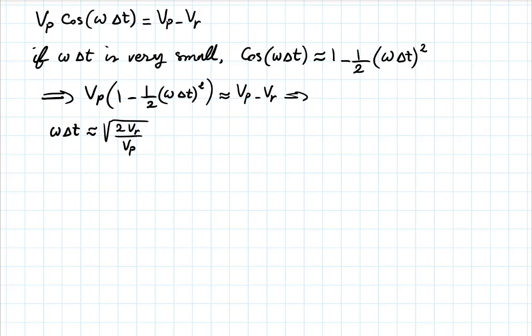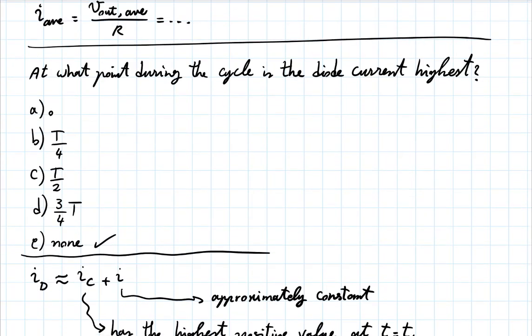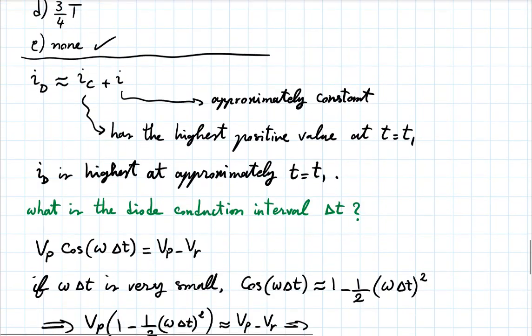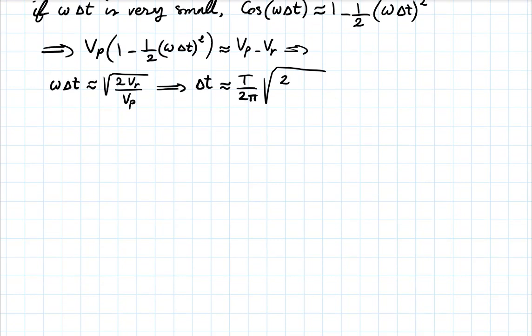And so delta t then will be approximately, so omega is 2 pi over T, and Vr is what you have from before, T over Rc Vp, which then you can simplify and verify that I've done this correctly.